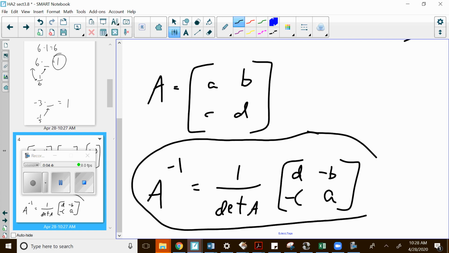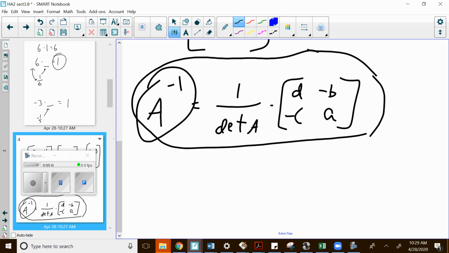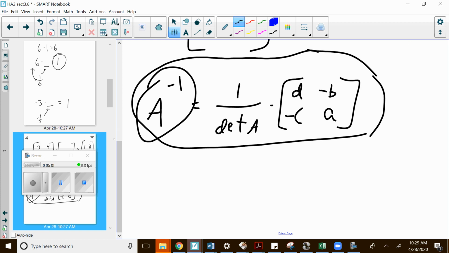If we have a matrix A, B, C, and D, we'll call it matrix capital A, then its inverse, which we write in this notation, is 1 over the determinant of A times the matrix we get when A and D switch spots and B and C switch signs.